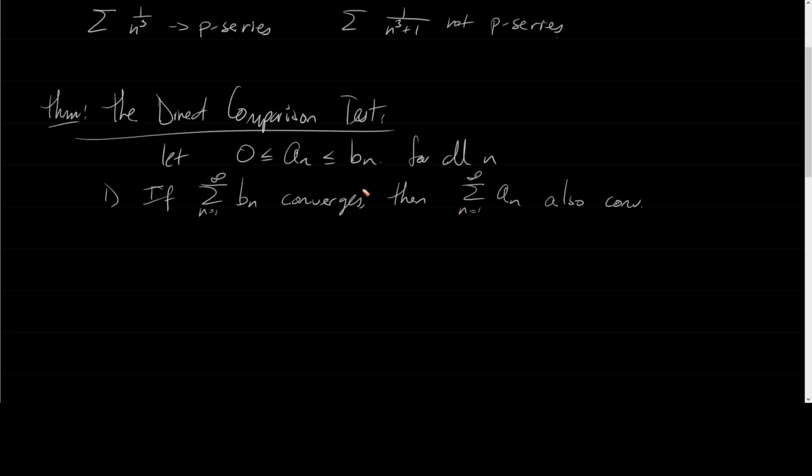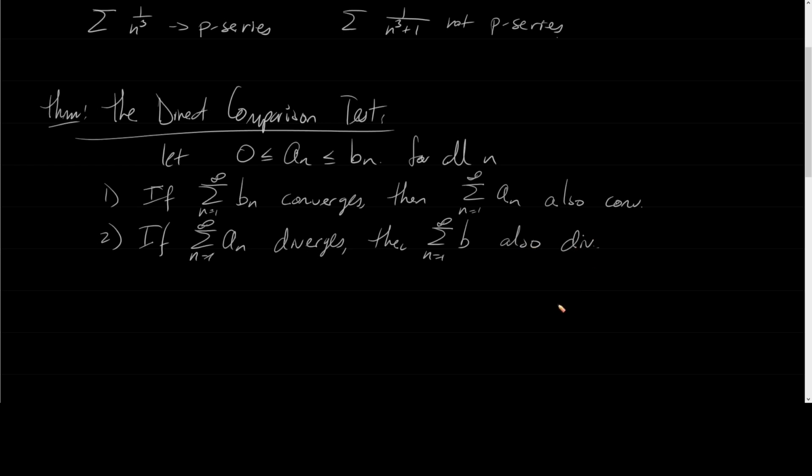So look at what we're talking about here. If we have the sequence a sub n being less than the sequence b sub n, and we know that the series associated with b sub n converges, then the smaller series associated with a sub n also converges. Similarly, if the series associated with a sub n diverges, then the series associated with b sub n also diverges.